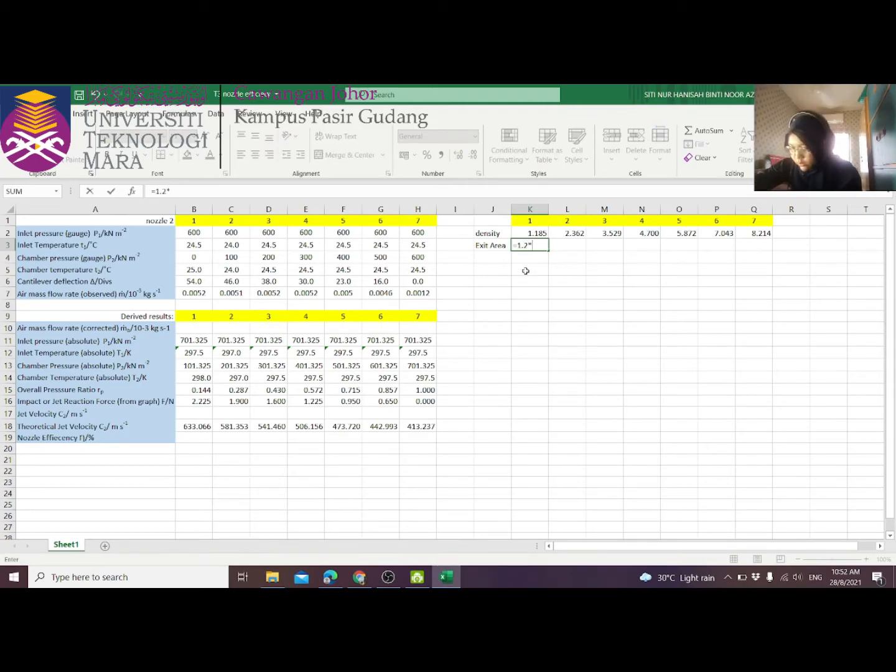1.2 times in open bracket pi and 0.2 and 0.02, which is the nozzle throat diameter, power of 2, close the bracket, and divide by 4.